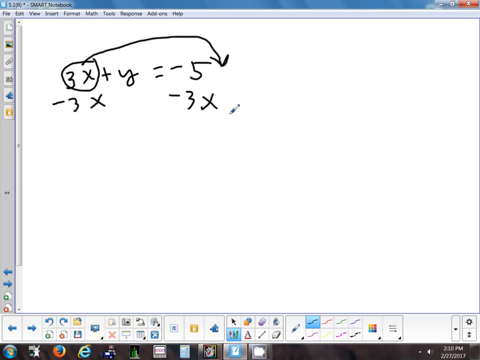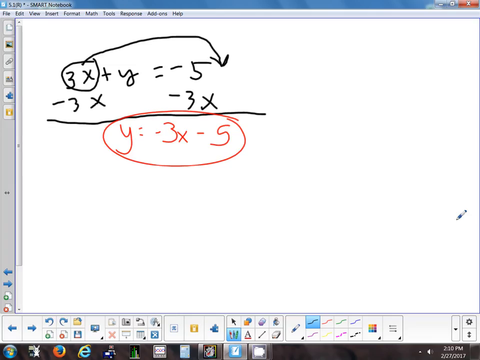So now I'm going to have y equals, what should come after the equal sign? The negative 3x is a number with x, or the slope, and it has to come after the equal sign. Negative 3x, and then the last thing should be what? Minus 5. Now that's in slope-intercept form.